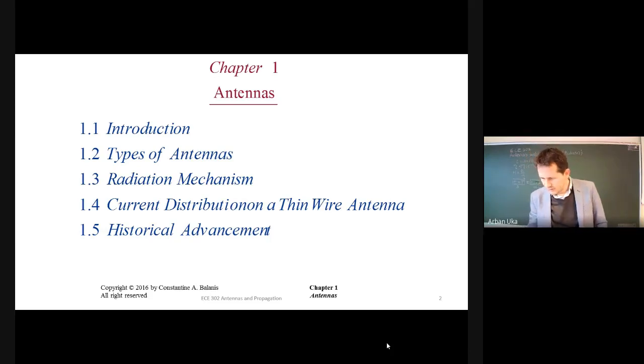Regarding antennas, if we understand antennas, we're going to understand the common discussions regarding the fourth generation of wireless communication and the fifth generation of wireless communication.